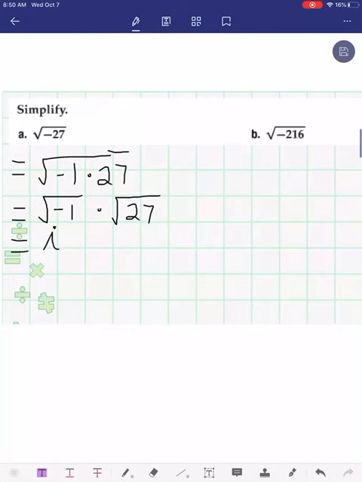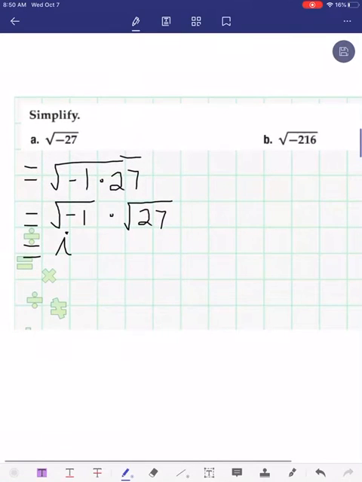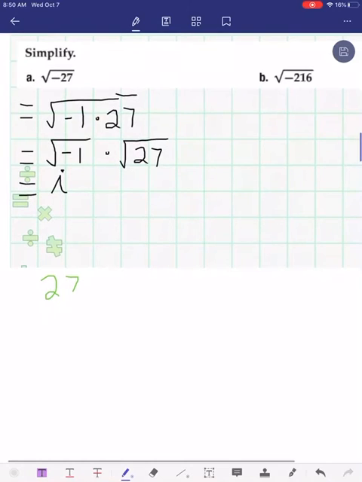Now, for those of us that don't remember, whenever we're trying to simplify a square root, we want to look for things that are perfect squares. So if I didn't quite remember what my factors of 27 are, we can go ahead and make a factor tree. So we want to think about what things go into 27. Well, 1 and 27 obviously go into each other, but the 1 isn't going to help me with my factors.